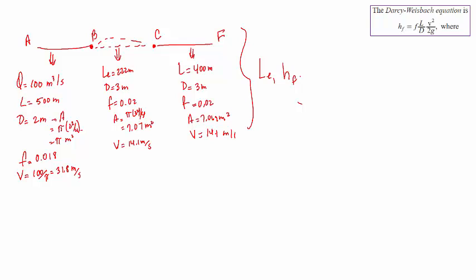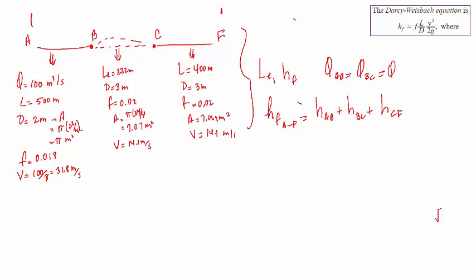So this is pipes in series, right? So in series, remember that the head loss from A to F would be the head loss from A to B plus the head loss from B to C plus the head loss from C to F. The Q by continuity from A to B is equal to the Q from B to C and the flow from C to F. And you saw that in one of the homeworks.